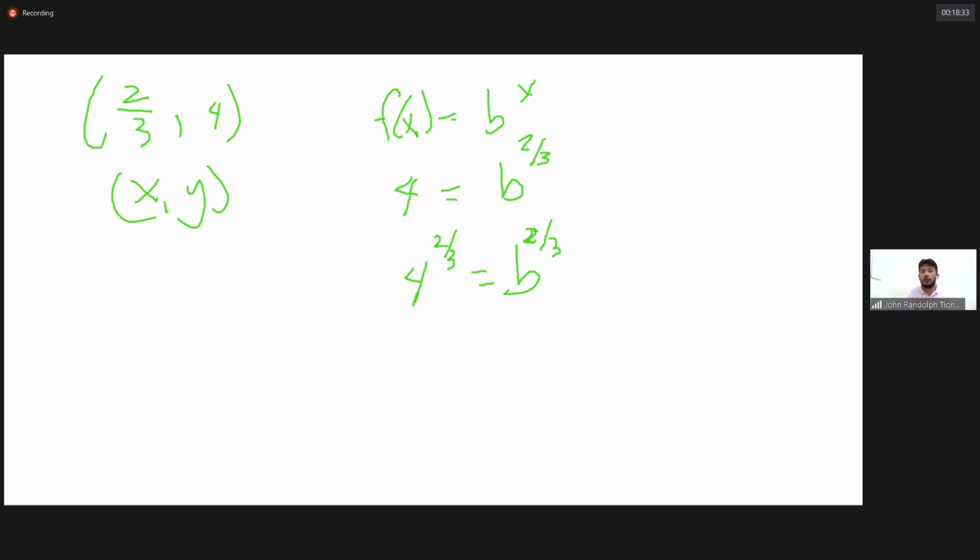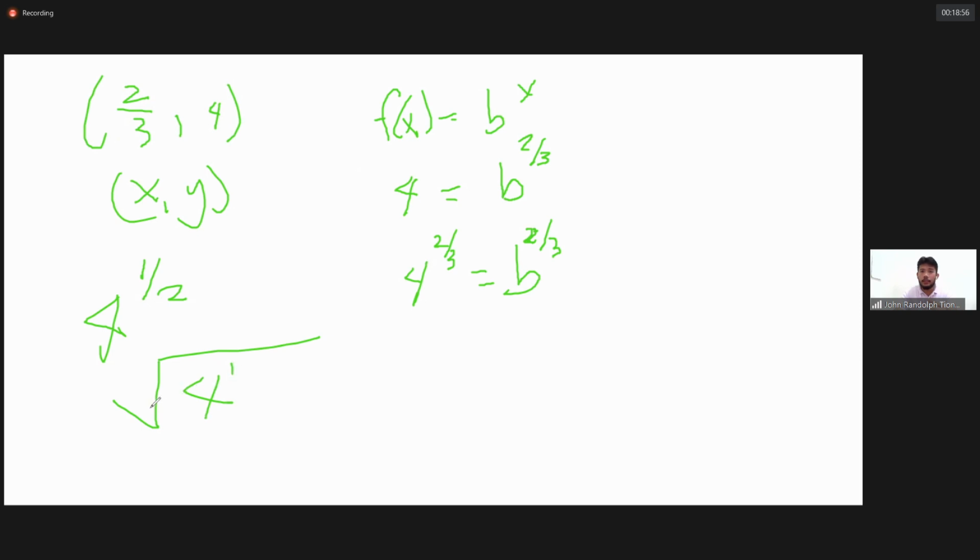Okay, 4 to the power of 2/3. Just remember how to get the value. How do you read that? When we say 4 to the power of 1/2, that is the square root of 4. We transform it into a radical, the square root of 4.